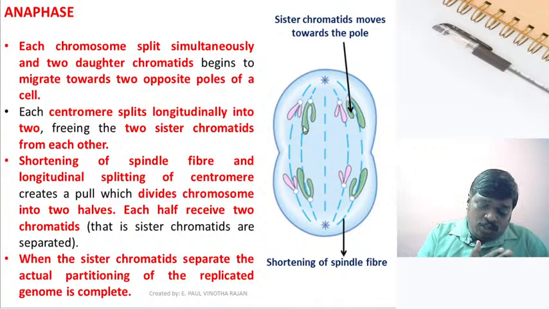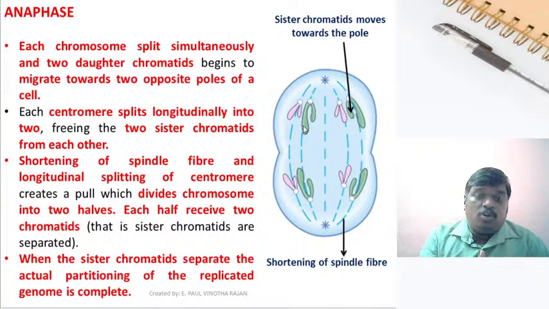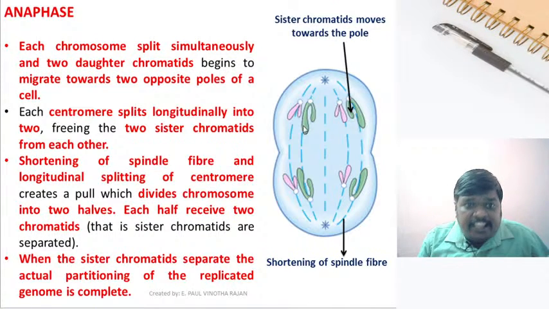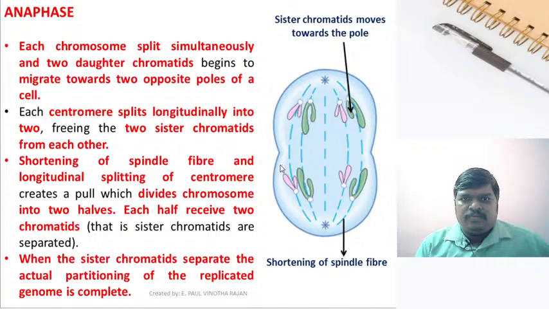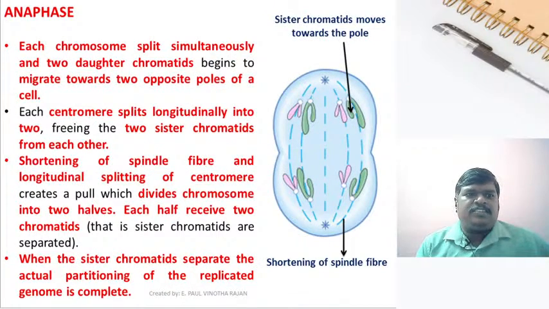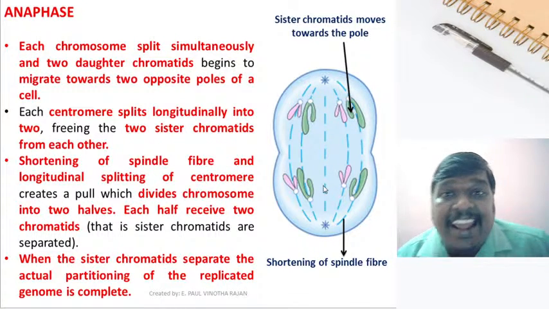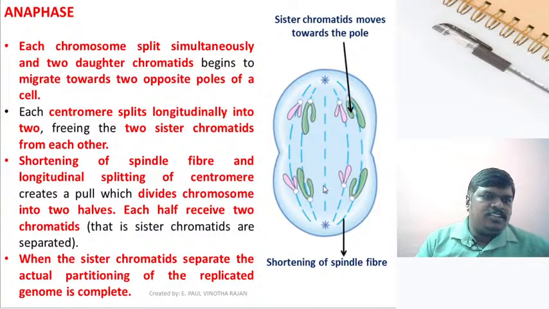The centromere, the chromatids, and the kinetochore divide into two equal halves and move towards the poles. Like this, it will be there, and finally it will become like this. This process of separation of the chromosomes, we call karyokinesis.